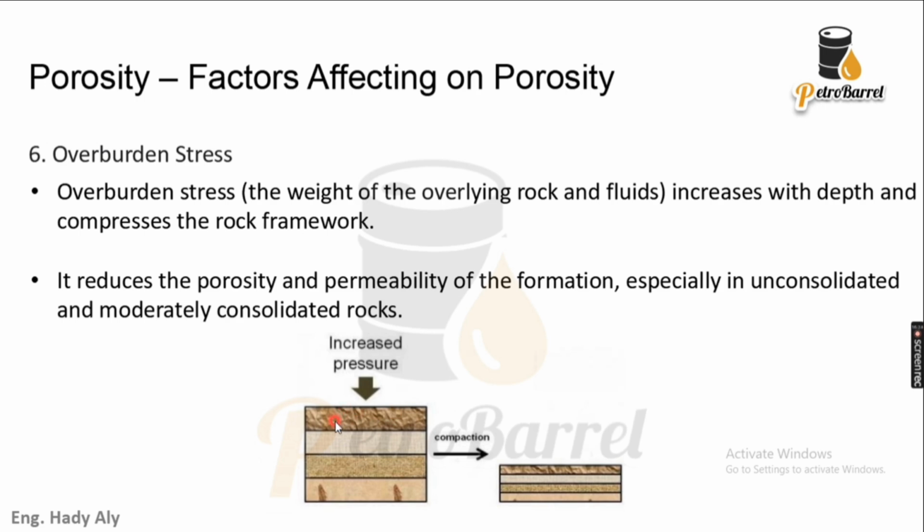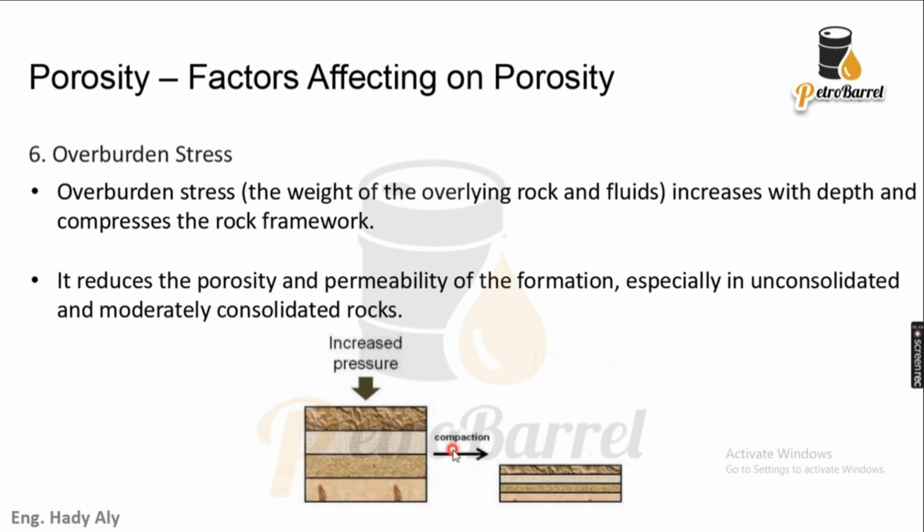So these formations have a weight of the rock itself, or the matrix, and each formation, the first one and the second one, has pore spaces, and these pore spaces carry fluid, either oil, water, gas, any type of fluid. So the overall weight of formation number 1 and formation number 2 affects formation number 3.